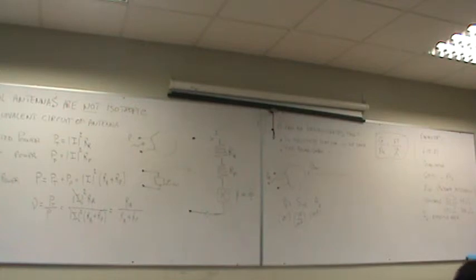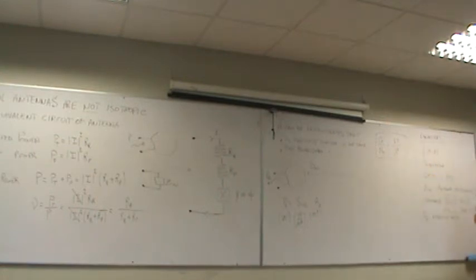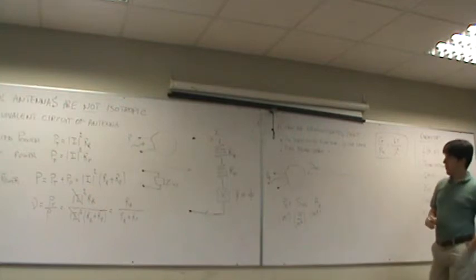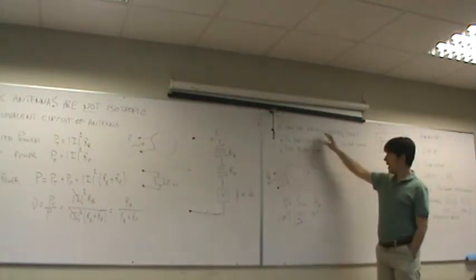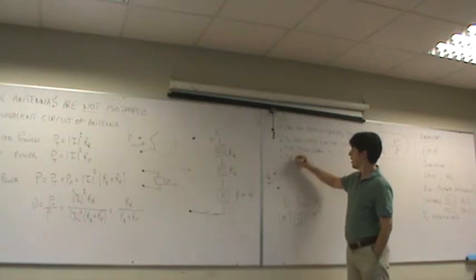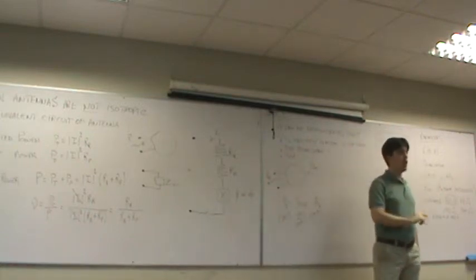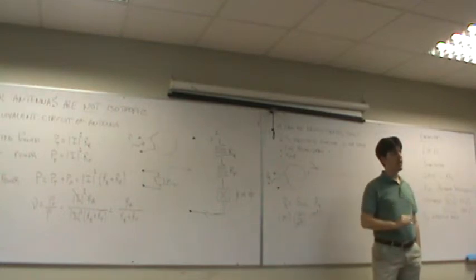And we will use the gain more often than the effective area. Okay, so another thing that can be demonstrated is that the impedance of the antenna does not change when you use the antenna in reception.